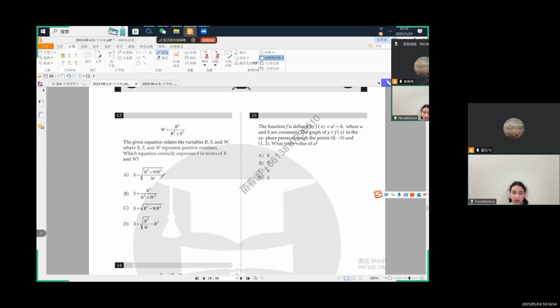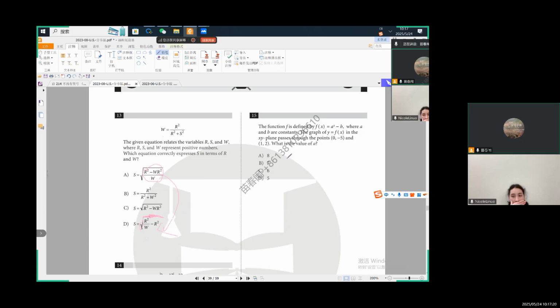Let me see. Oh, this one, if you do it like this. No, if you do it, are you choosing D? No, I chose C at first. Now I'm choosing A. If you're choosing D, I can understand. This is actually also right, if the square root, yeah. If you extend that, you can simplify it in a way.